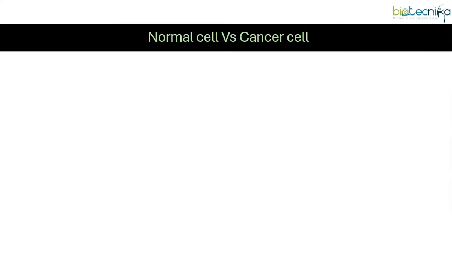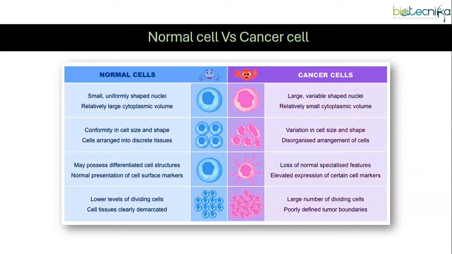As I mentioned, first will be the comparison of a normal cell to that of a cancer cell. So normal cells are small and they have uniformly shaped nuclei. They will be having large cytoplasmic volume, whereas cancer cells have large, variable shaped nuclei and their cytoplasmic volume is relatively smaller.